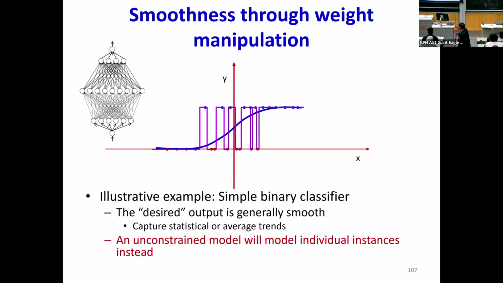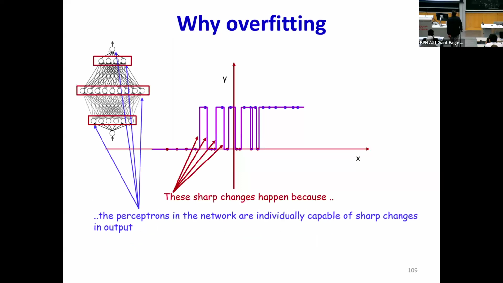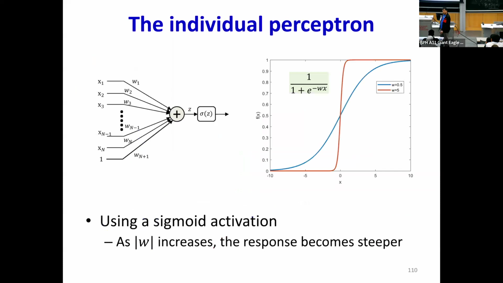So why is this function able to compute the purple curve? That's because every neuron in the network is able to compute functions with extremely steep slopes. To give you an idea, a sigmoid smoothly goes from 0 to 1.